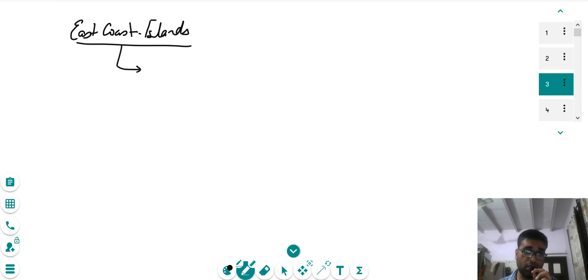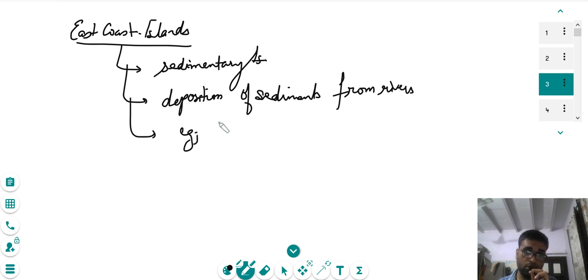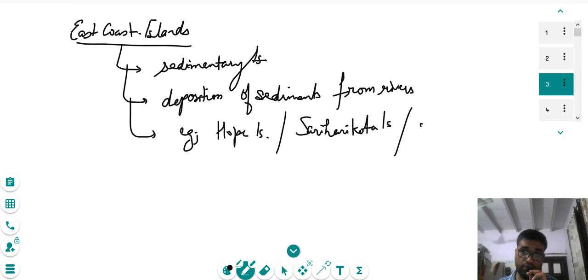East coast islands are basically sedimentary deposition based islands, mainly formed by deposition of sediments from rivers. Examples: Hope Island, Sriharikota Island, Sagar Island.